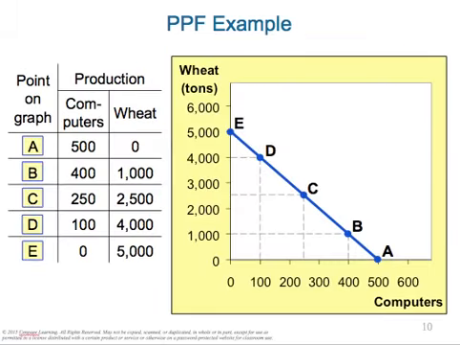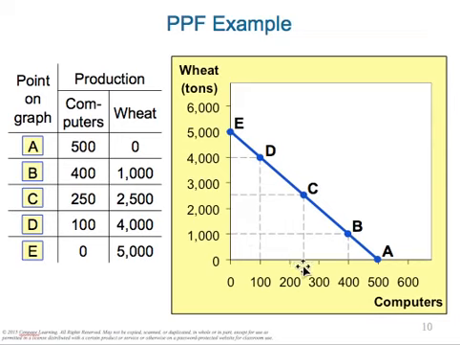Now, we can graph this. Again, the different points on the graph here: 500 computers, 0 wheat, all the different combinations all the way down to 0 computers and 5,000 tons of wheat. You'll see that A is we're producing 500 computers and 0 tons of wheat. At B, we're producing 400 computers and 1,000 tons of wheat.